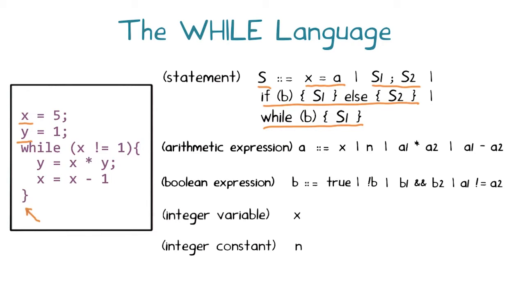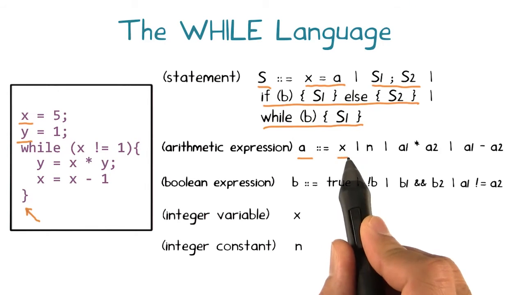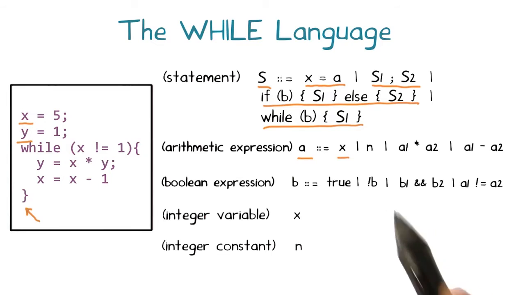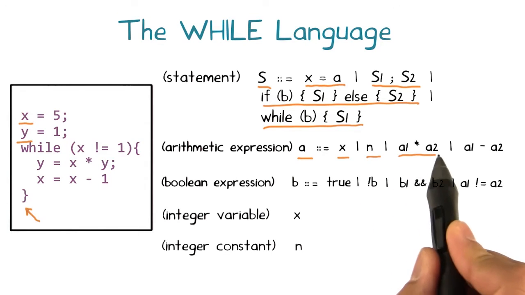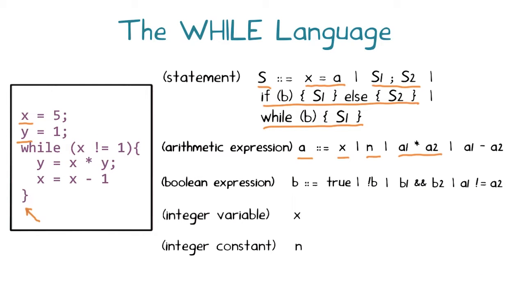For simplicity, we have only integer variables in this language. Furthermore, assignments to such variables can only be arithmetic expressions of a limited form. In particular, an arithmetic expression can be an integer variable which we denote using x, or an integer constant which we denote using n, or a multiplication of two expressions, or a subtraction of one expression from another expression.